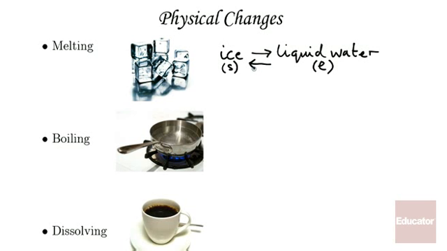So that's just one example of a physical change, and next on our list is another familiar physical change. Here we have liquid water, standing on the stove in an open pot to which heat energy is being provided, and we all know what happens to that. Eventually, that liquid water will boil, giving us gaseous water or steam.